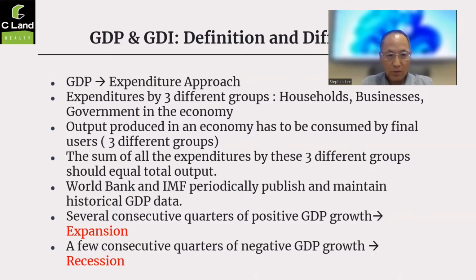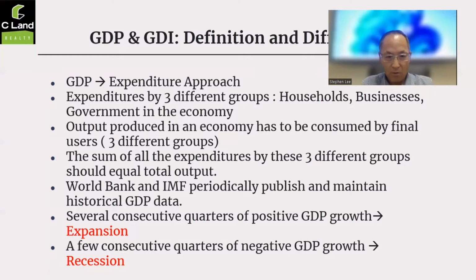And each country is supposed to keep this historical data, the GDP numbers, every quarter. I don't think we measure every month because that's too much. But every quarter, they record the GDP numbers so that they can compare it's going to be positive, it's going to be negative compared to the last quarter.